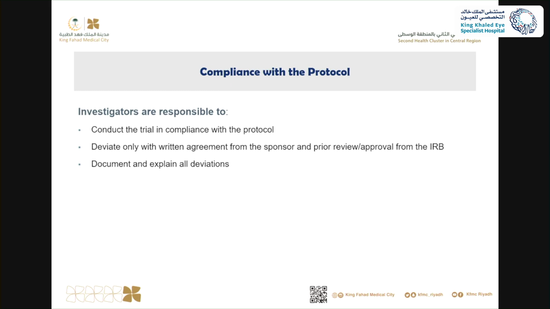Okay? So this is about compliance with the protocol. You have to make sure that all your study team are following the study procedure. You have to prove by evidence that you have oversight over their operation during the study.